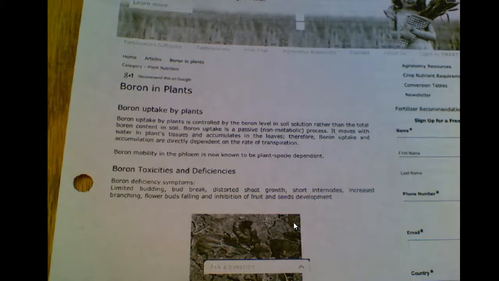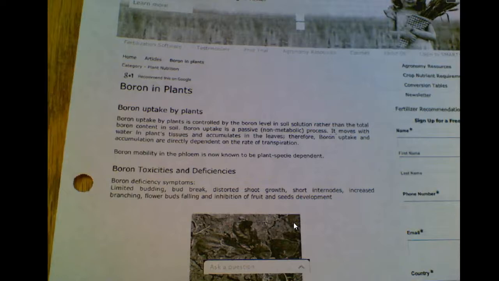But basically, boron uptake by plants is controlled by the boron level in the soil solution rather than the total boron content in the soil. So it's a passive, non-metabolic process, so it takes no ATP. It moves with water, so you've got to have transpiration in the plant tissues and accumulates in the leaves.